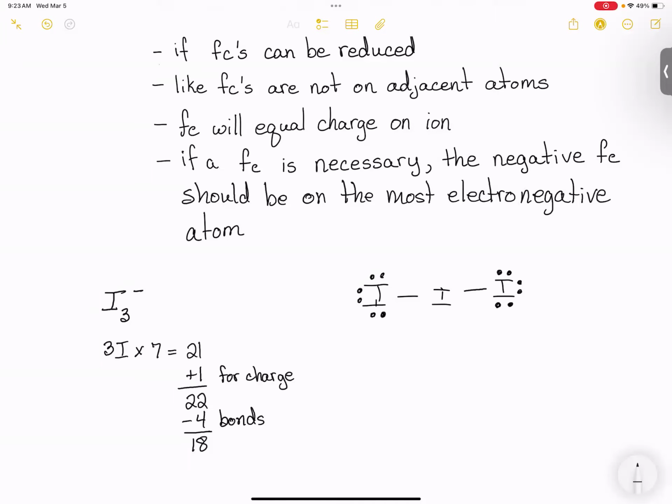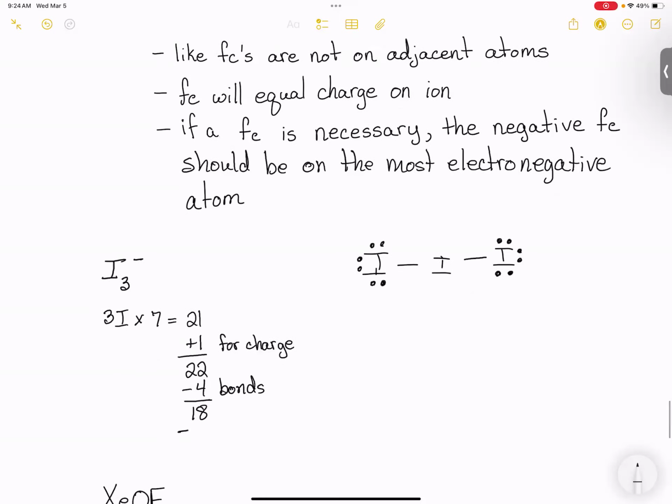We gave 6 to each of the 2 iodines that were outer atoms, so that is a total of 12 valence electrons that we distributed to our outer atoms. If valence electrons remain, they go on the central atom in pairs. So we're going to place the last 6 on the central atom in pairs.